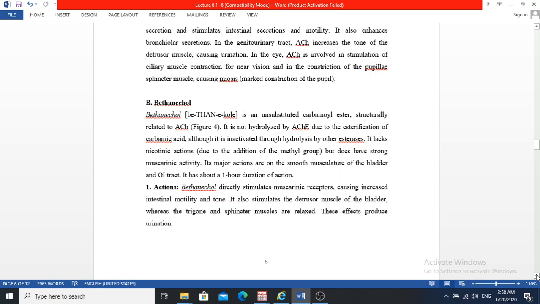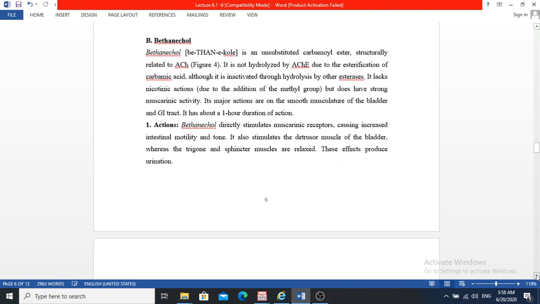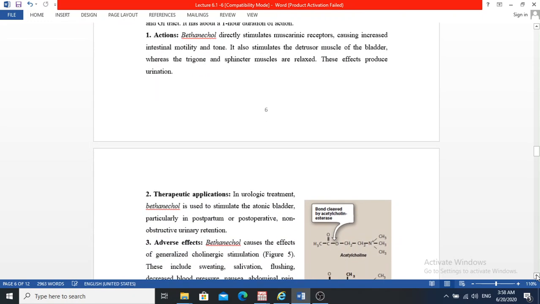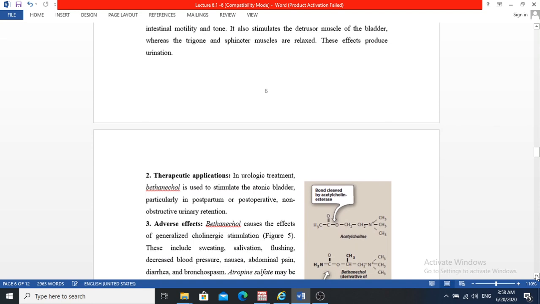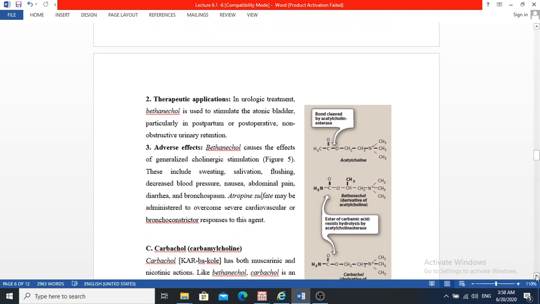It also stimulates the detrusor muscle of the bladder, whereas the trigone and sphincter muscles are relaxed. The effect produces urination.